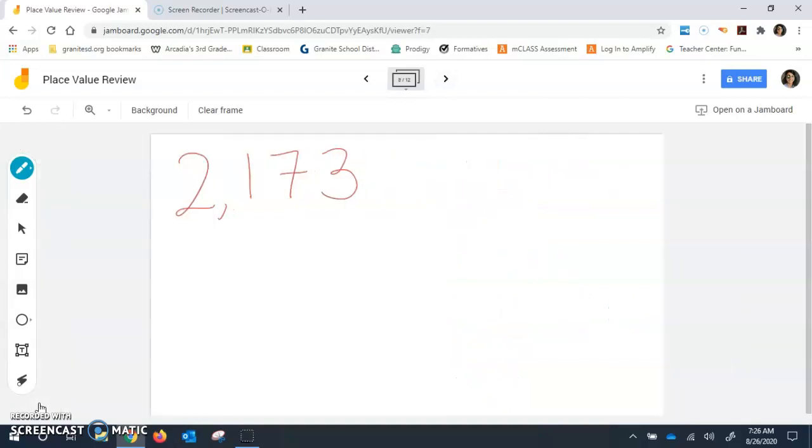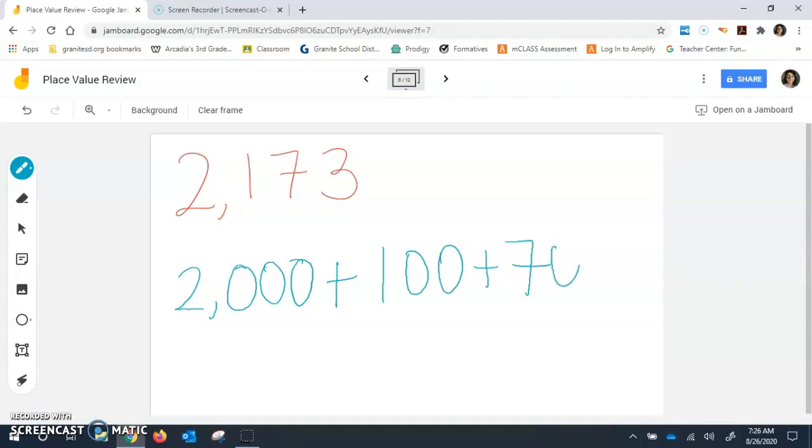So let's practice that with this number, 2,173. Starting from back over here now, I'm looking at my 2, and it is 2,000 because it's in the thousands place, plus 100 plus 70 plus 3.